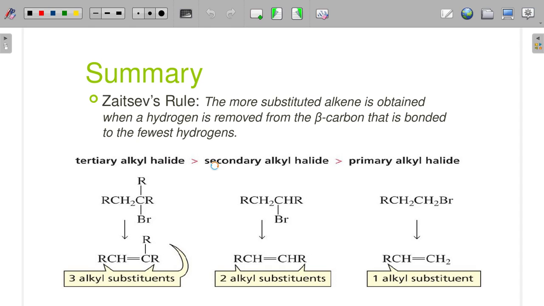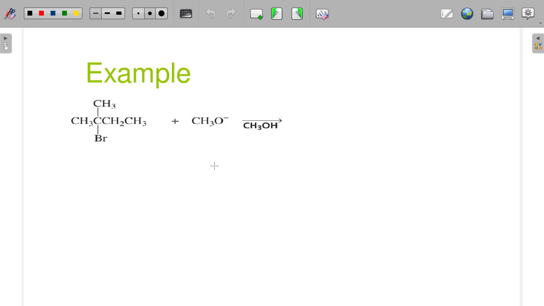But you pretty much always get mixtures, even of the ones that break Zaitsev's rule. Okay, so let's do an example of this because I have a strong nucleophile, but I have a tertiary one. So all of my beta positions come into question. Now, the nice thing is these two are essentially the same because they're both CH3s. So I know that going outside, I'd end up with something like that.